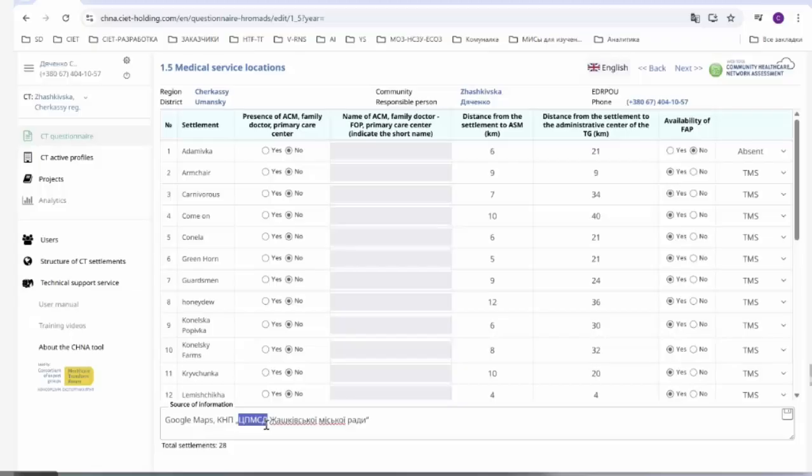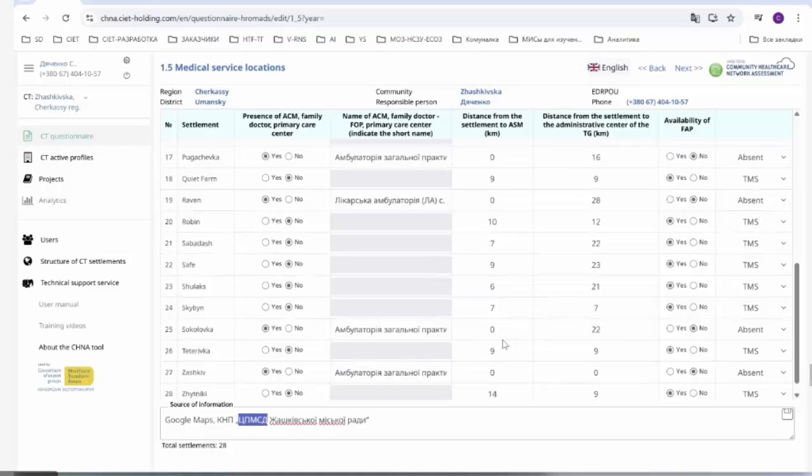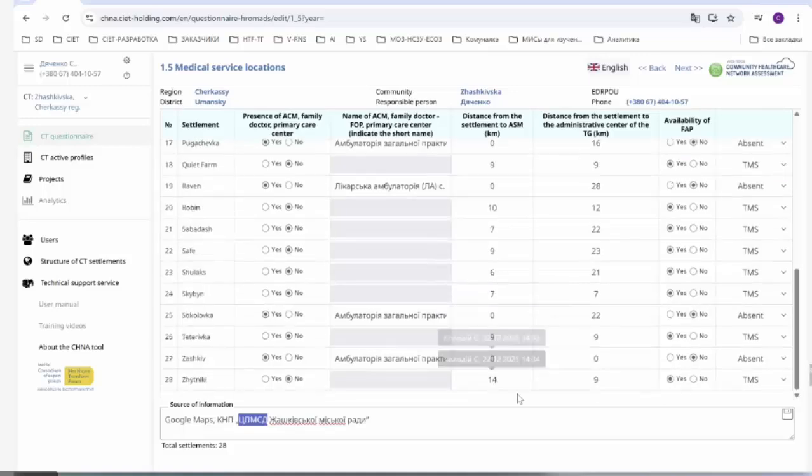Because during completion of this tool, we recognize that antenatal care has a problem with accessibility, available only in the primary health care center in the center of the gramada, and most pregnant women do not receive regular services.